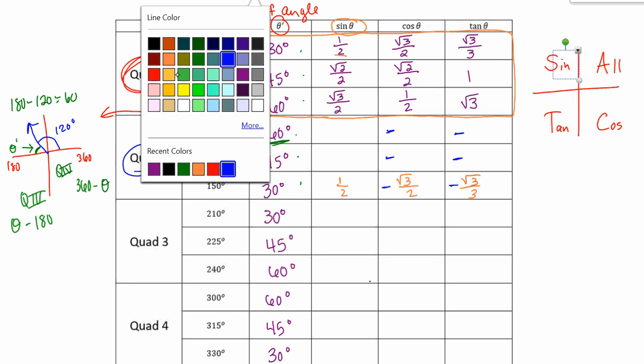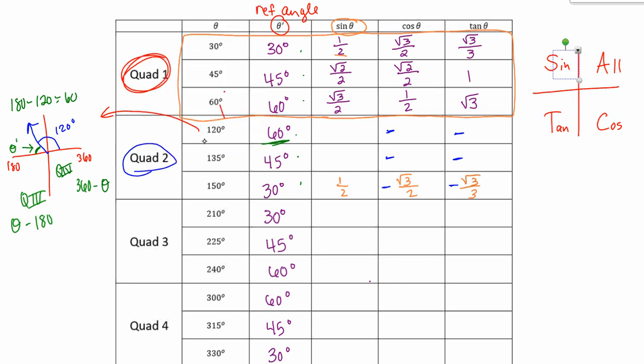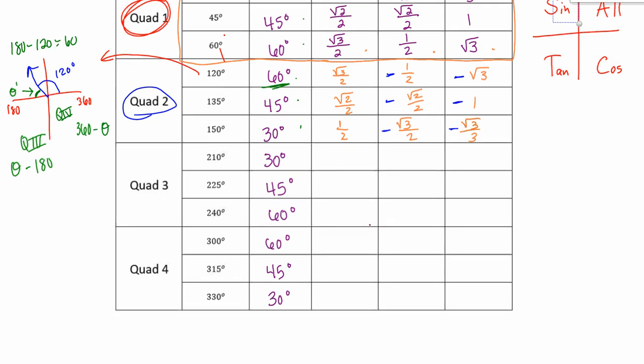Speaking of the value, let's see, this row right here for 120, reference angle is 60, so it's going to have the exact same values as the 60 in the original quadrant 1, except for those changes in signs, the positive or negatives. Same thing with the 45, root 2 over 2, root 2 over 2, and 1, but it's negative. So the process keeps repeating.